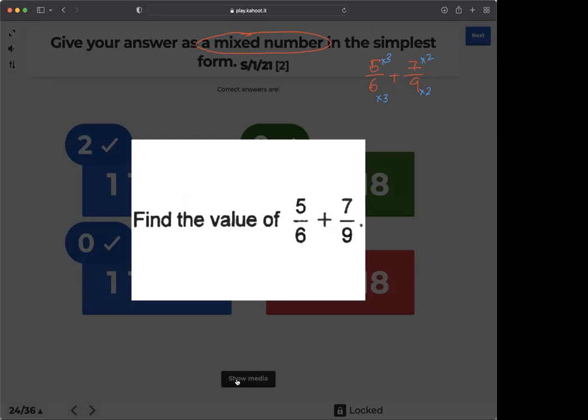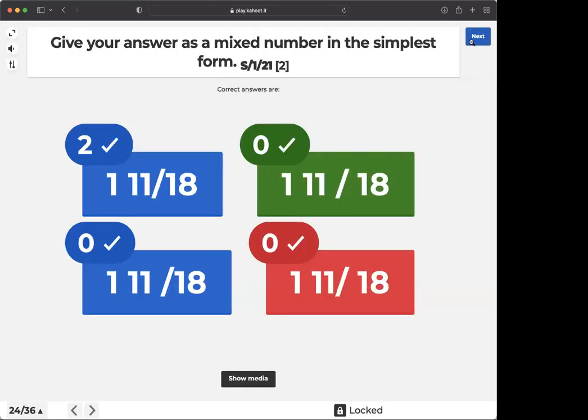So I get 15/18 plus 14/18. Now I can add the numerators together. I'll get 29/18. But because I want a mixed number, I'll end up having the answer 1 and 11/18. Is that clear? Okay, let's continue.